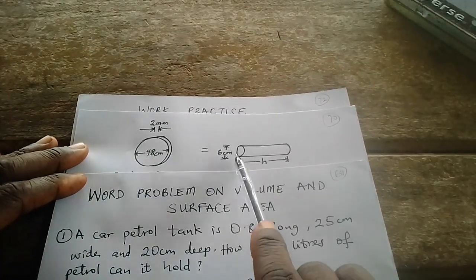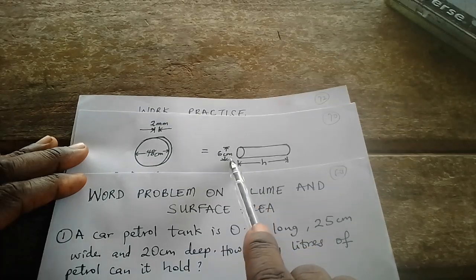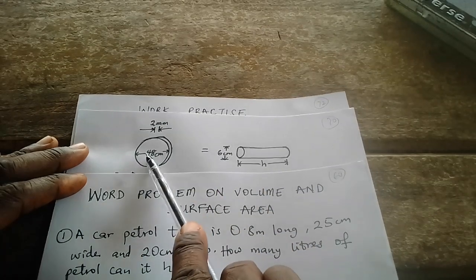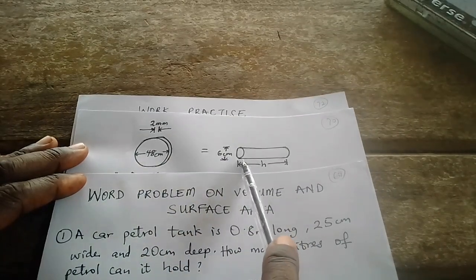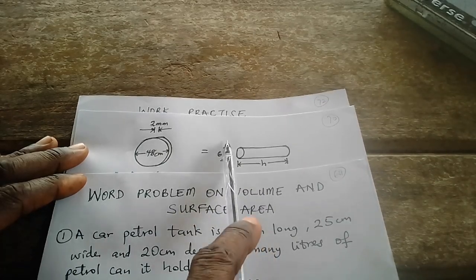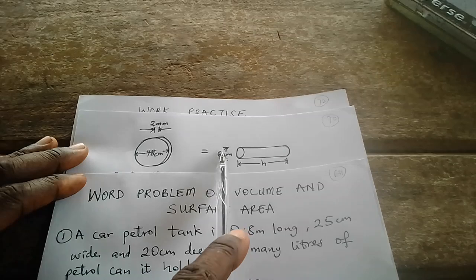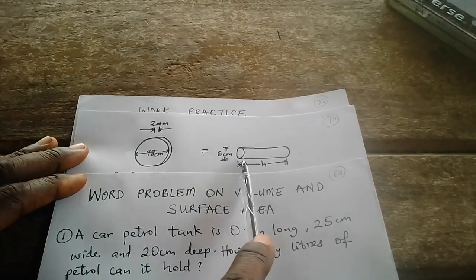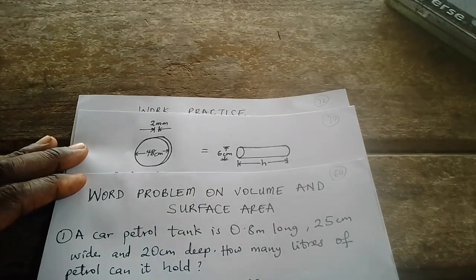You are given the diameter of the new cylinder he made out of this shape, and you are told to look for the height. The diameter of the new shape he made is 6 centimeter. What will be the height of the shape?